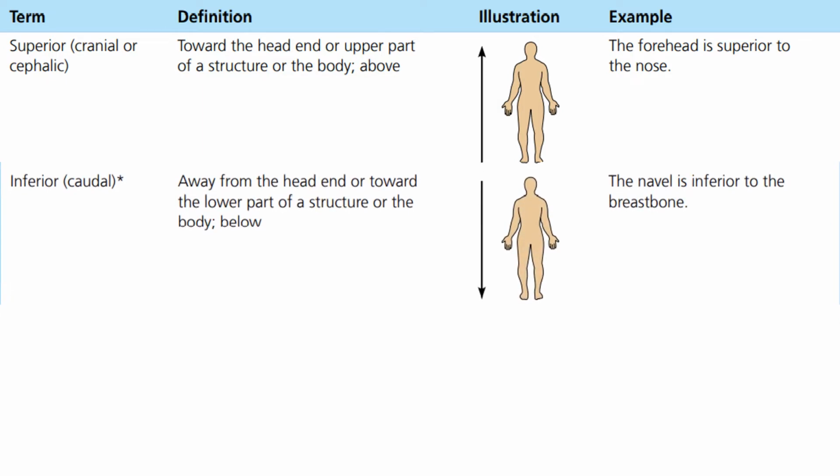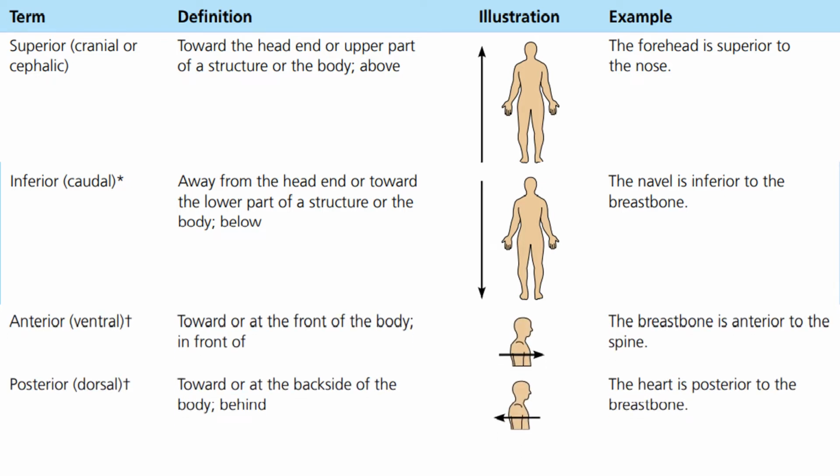Inferior or caudal means away from the head end and towards the lower part of the structure or the body, which means below. Using the example before, we say that your nose is inferior to the forehead, or another example is the navel is inferior to the breastbone.